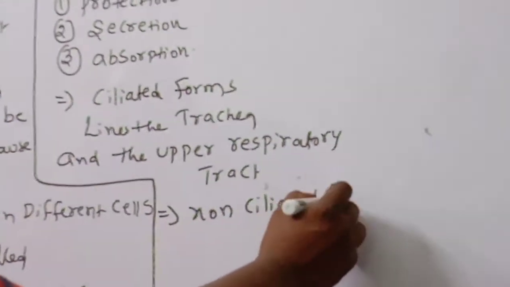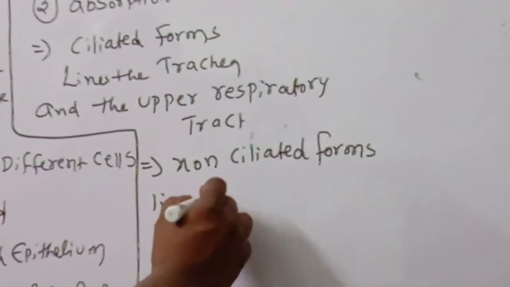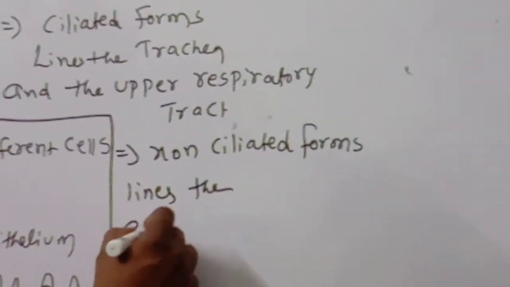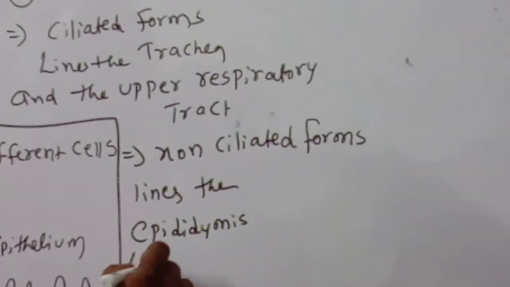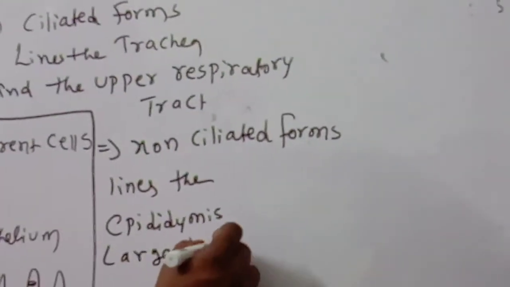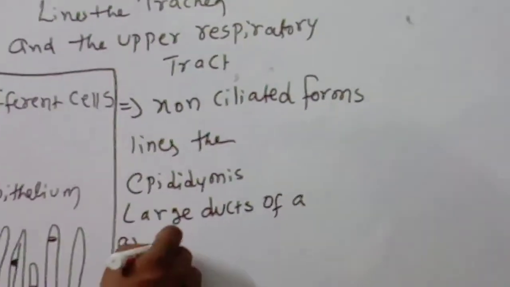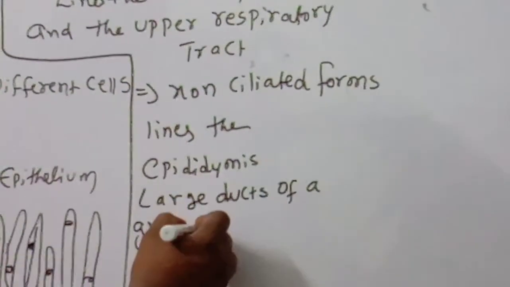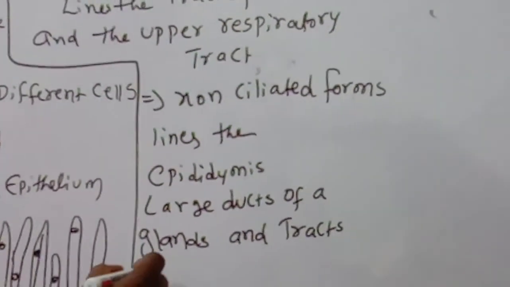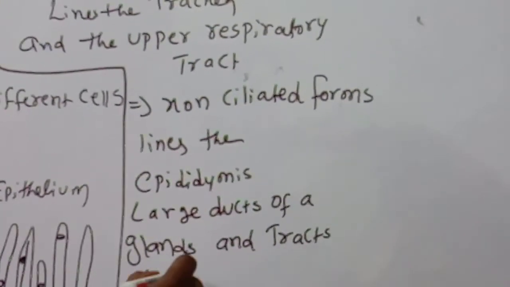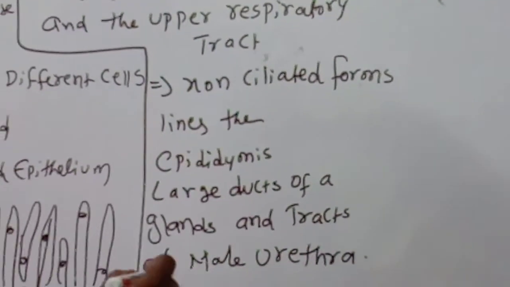Non-ciliated forms line the epididymis, large ducts of a gland, and tracts of the male urethra. This point you should remember.